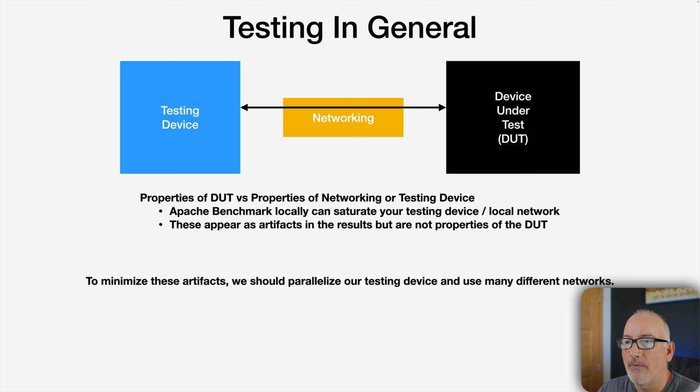And we want to be careful that we understand what's the property of the device under test versus what's the property of this networking or this testing device. As an example, when I was doing some Apache Bench testing locally, so I was using my Mac to run Apache Bench, I could easily saturate my local computer or my local network, and that saturation turned out to be artifacts on the number of requests per second that I could actually get from this device under test.